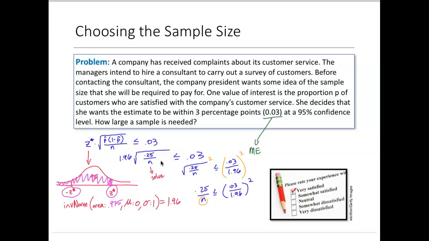So what we're going to do is multiply n to this side, and then we're going to divide this big mess over here. So basically n and what's on the right-hand side are just going to swap places, right? And notice that then I'll have n is greater than or equal to, since n's now on the right-hand side, 0.25 divided by the quantity 0.03 over 1.96, quantity squared.